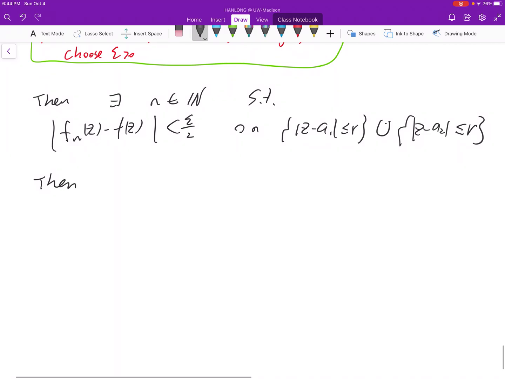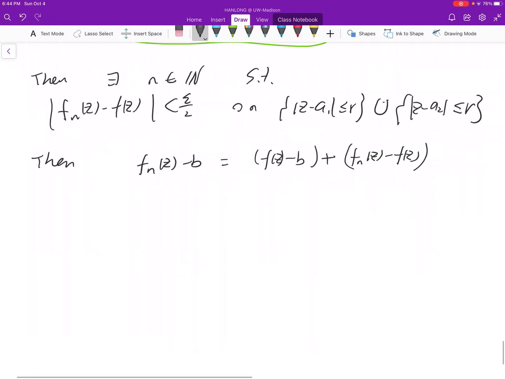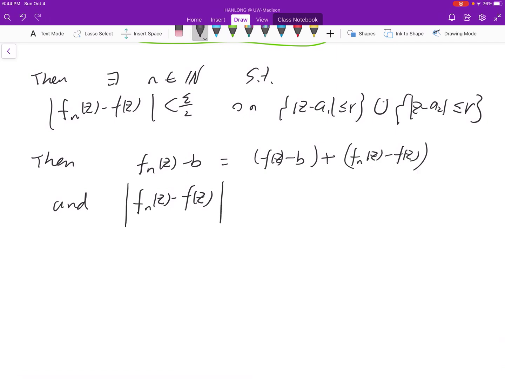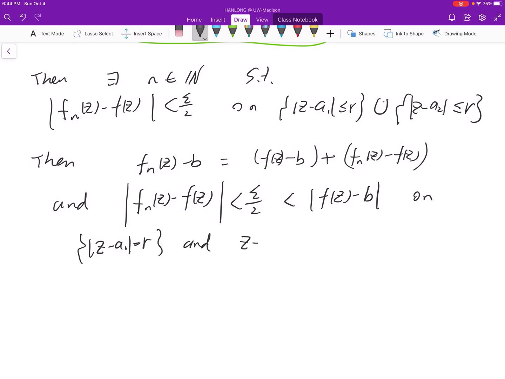Then fn(z) minus b can be written as f(z) minus b plus fn(z) minus f(z), and |fn(z) minus f(z)| is less than epsilon over 2, less than |f(z) minus b| on the boundaries |z minus a1| equals r and |z minus a2| equals r.